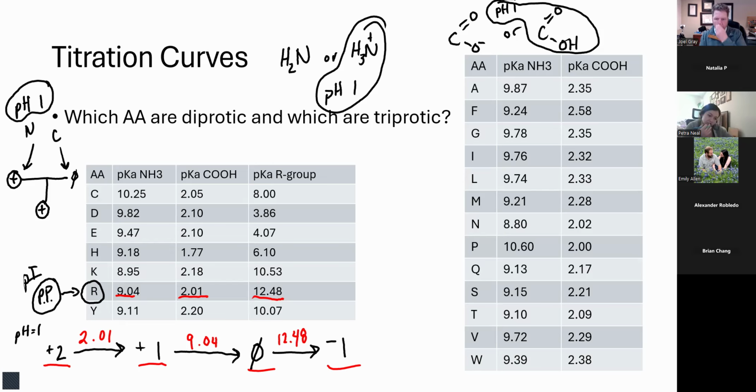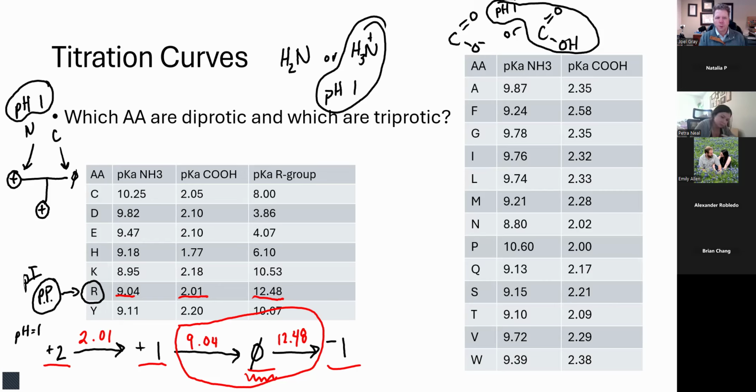Okay. Now, what I want to find out is, what's the pH where 100% of my molecule has a 0 charge? How could I do that? Well, do I care about all 3 of my pKa's for this purpose? Nope. Do I care about my 2 lowest pKa's? Nope. I care about the 2 that are surrounding my charge of 0.